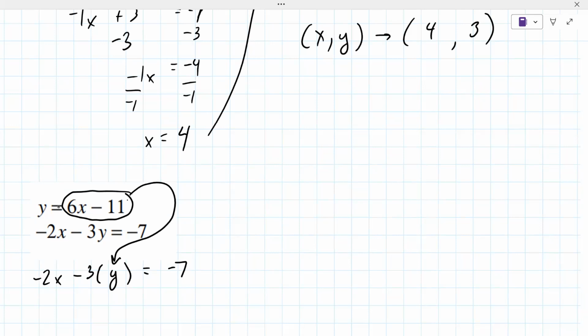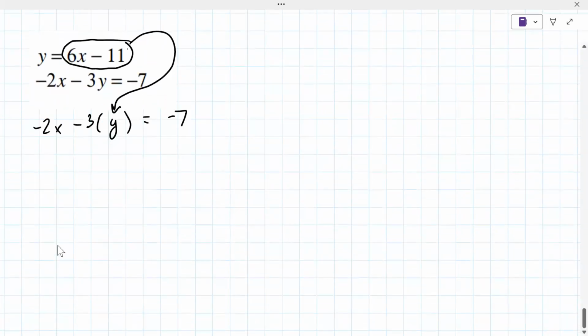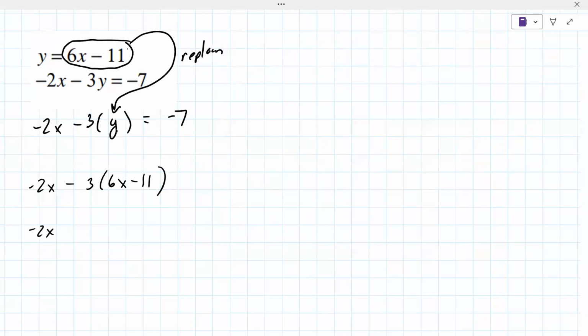Do you remember us doing this in the last problem? Yes. So it'll be negative 2x minus 3y. Well, in parentheses. So instead of y, you're replacing y. So no more y.